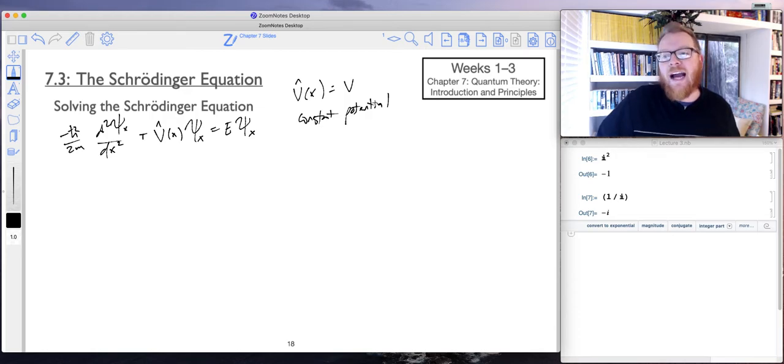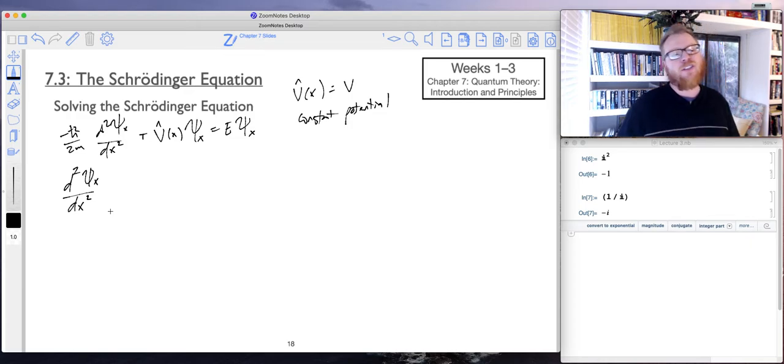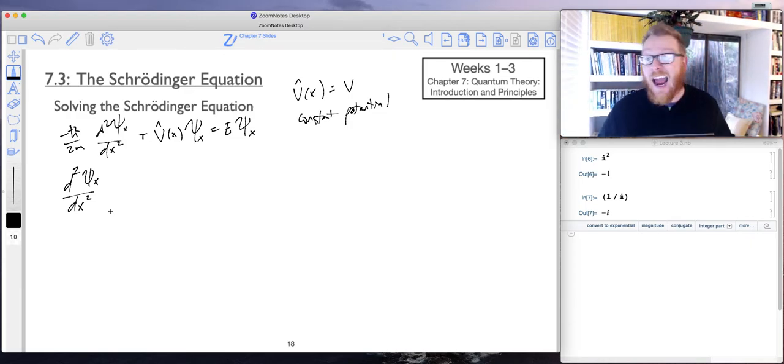And I can only isolate psi if an operation allows me to do so. For example, I'm going to try to write this clearly and slow down: second derivative of psi of x. So I can't divide out that second derivative. I have to actually do the second derivative, okay?